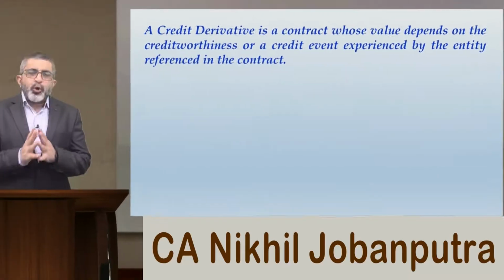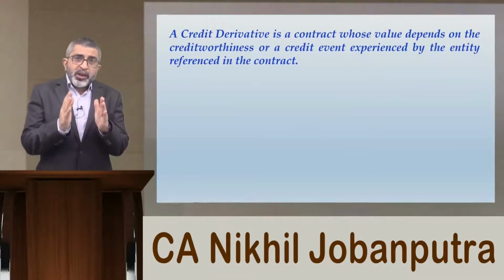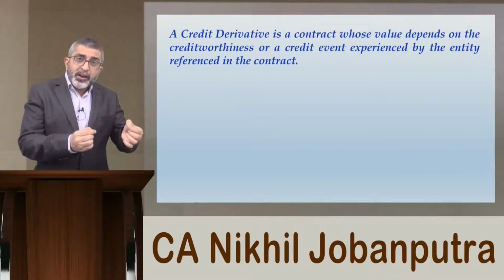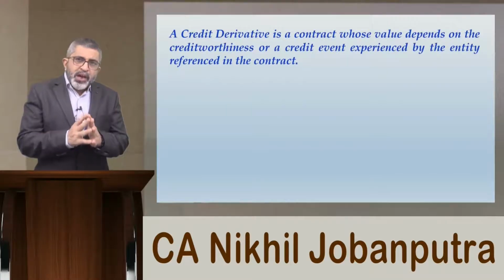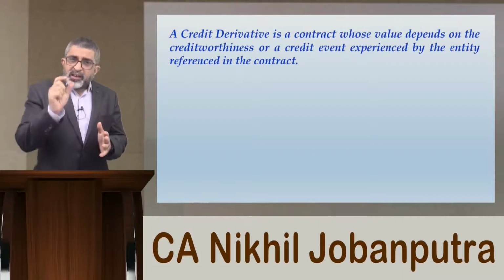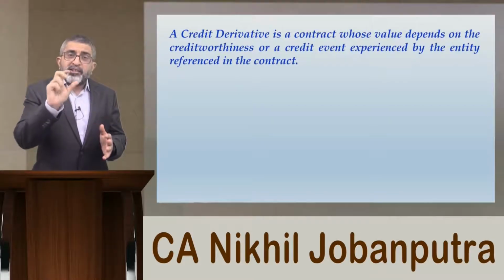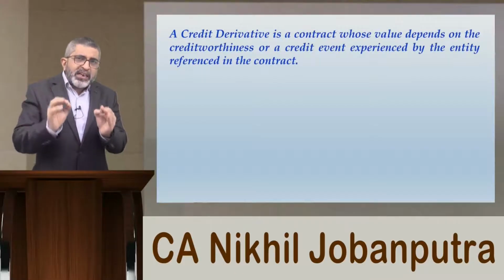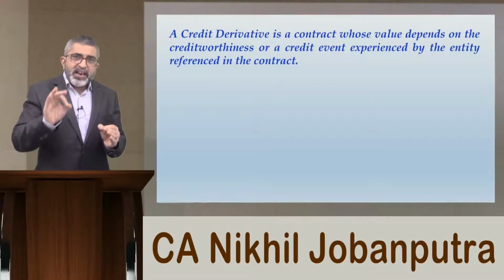Look into one thing. We are talking about a credit derivative where the underlying is basically a credit given to a counterparty. Now, if you could see, here there is an entity which is referred to as referenced entity. Now, which entity is a referenced entity?